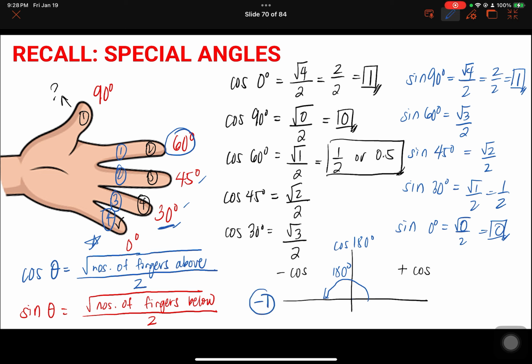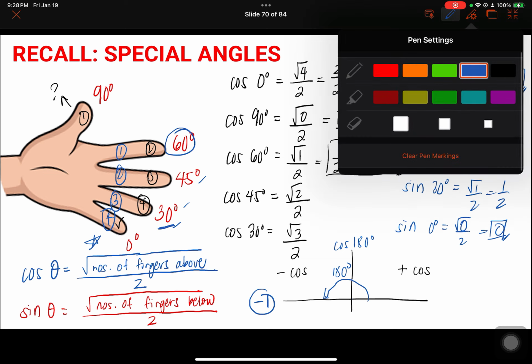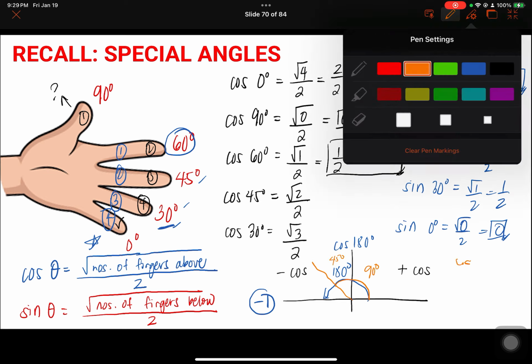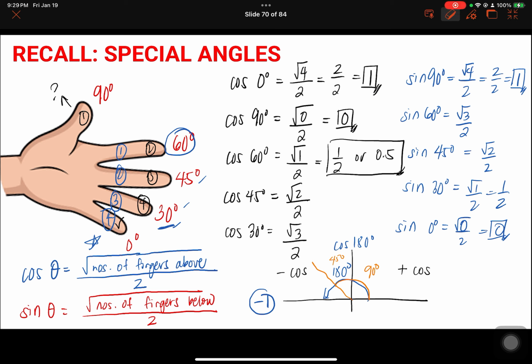Okay? So, ganun din po kapag, try naman natin kapag nasa bandang dito. Kalahati siya, 90 plus 45. So, cosine 135 degrees. Anong value kaya niyan?